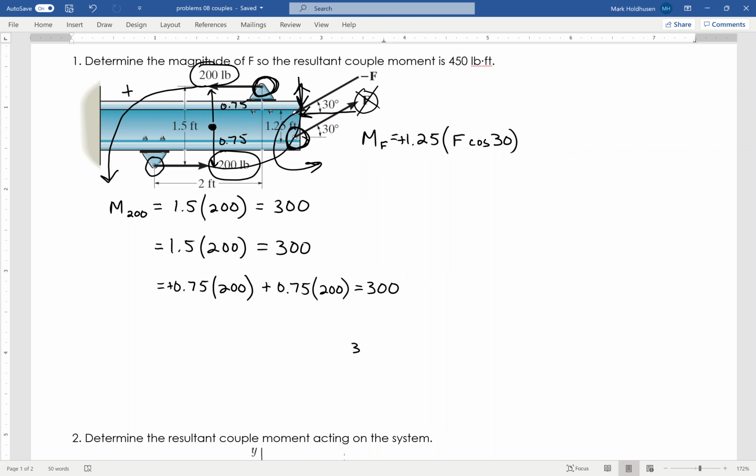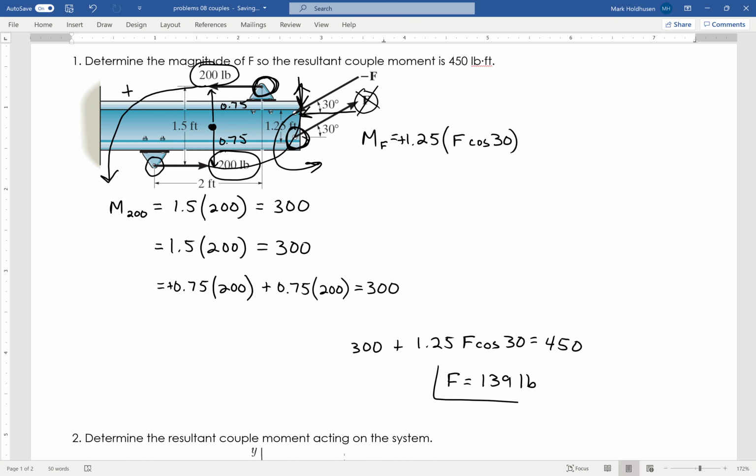So I say, 300 plus 1.25 F cosine 30, and I can set that equal to 450, which is what the resultant couple should be. From that, I can do algebra and find that F should be 139 pounds.